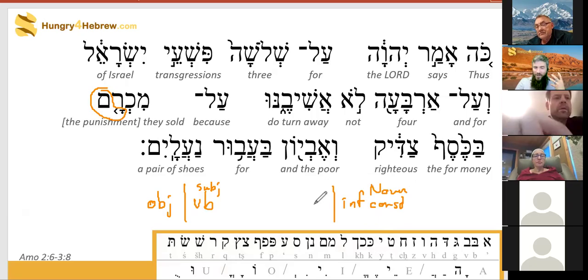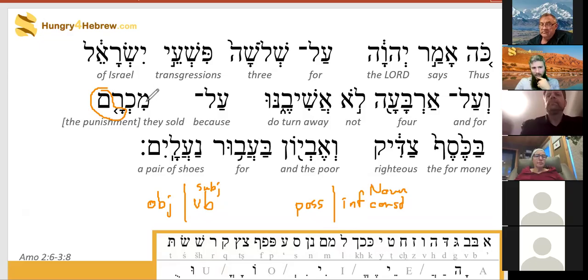So if it's my action of doing XYZ, then who's the one that did it? Well, I. And if it is their action of machal, it means they're the ones doing it. They're the subject, or they're the possessor of that action. So let's call it a possessive pronominal suffix.